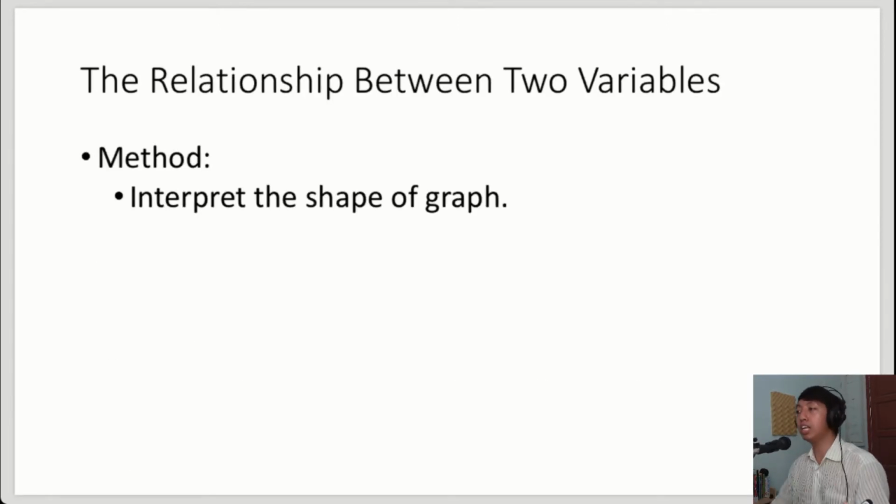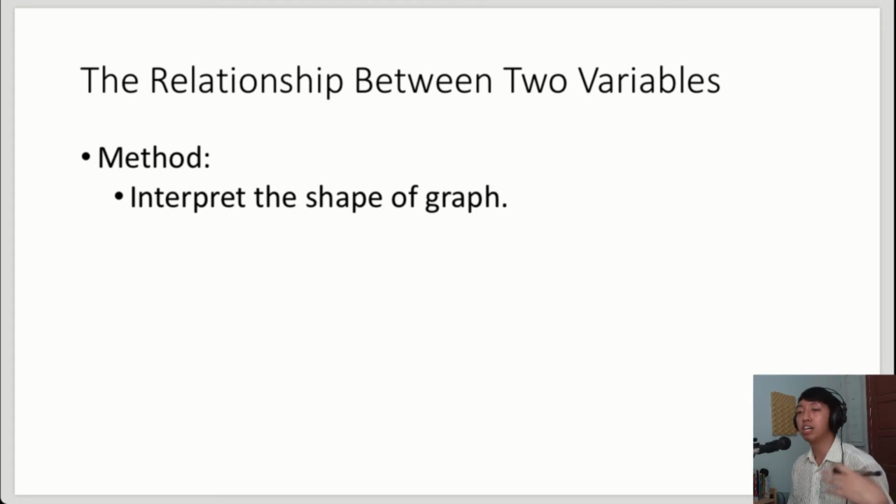Alright, so relationship between two variables itu yang kita baru belajar tadi. Kamu melihat bentuk dia dan berdasarkan bentuk graph kamu boleh katakan, okay, y is proportional to x, or y is linearly proportional to x, y is directly, or y increases with x, or y is inversely proportional with x.